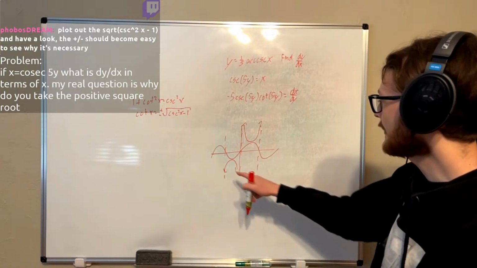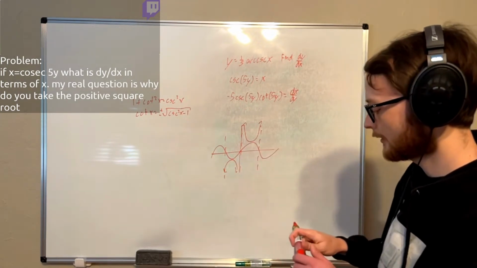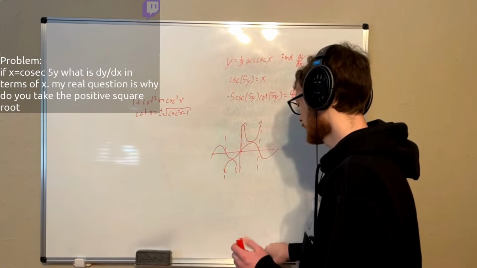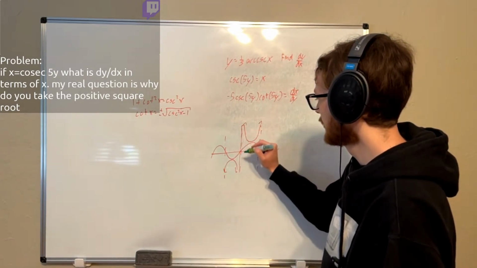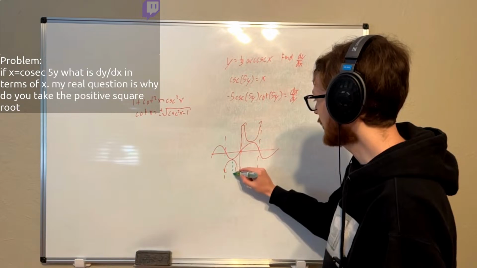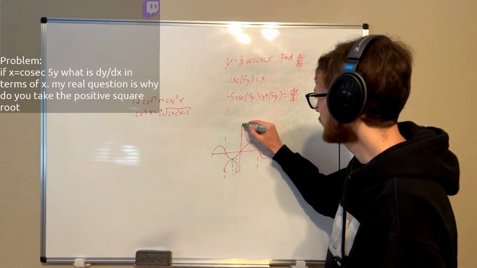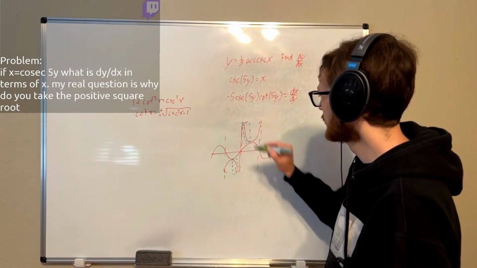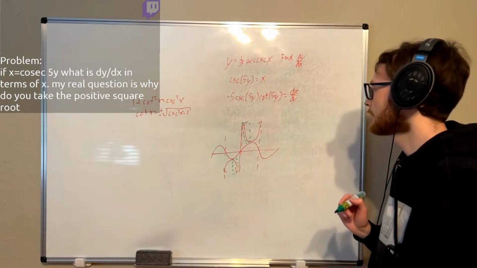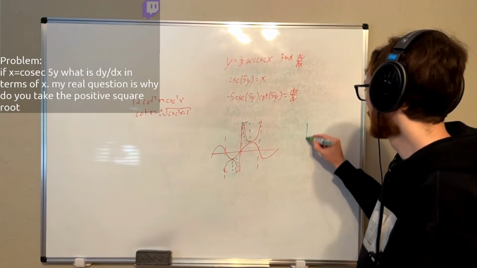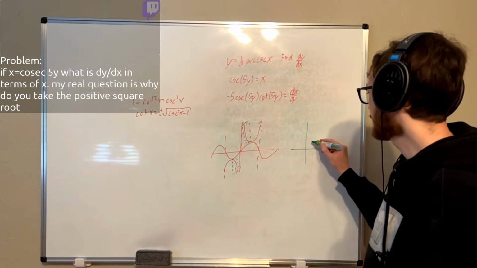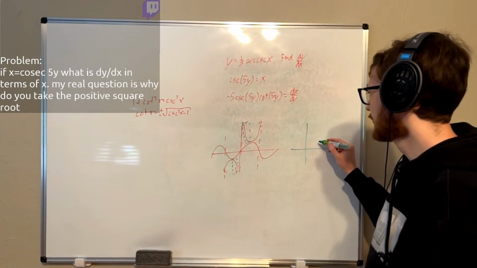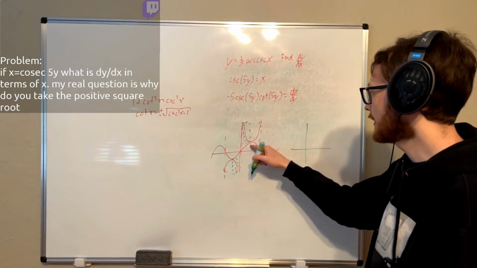So why can't we take the two inside parts here? If I wanted to make our cosecant with just that part and just that part, what's the issue? If you reflect that piece across y equals x, what's that point? It'll get reflected.